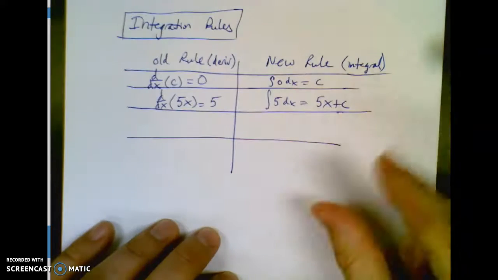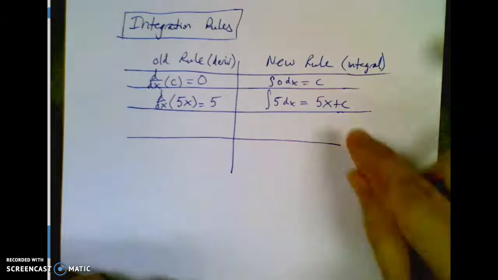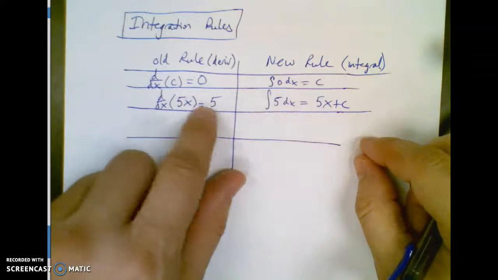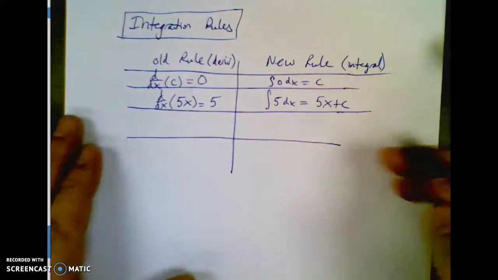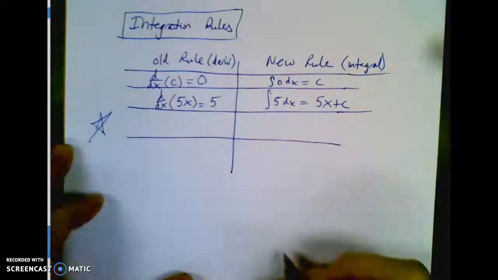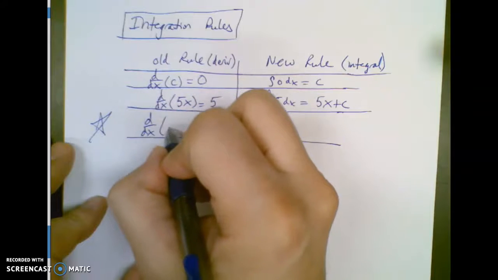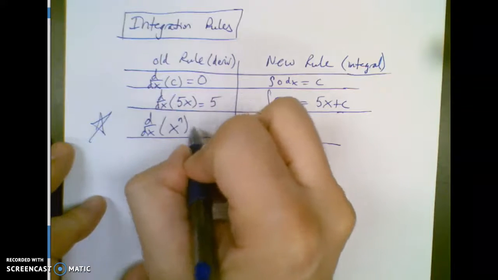Because remember that whole shifting up and down doesn't change the slope? You never know. If I took the derivative of that, I would get 5. If I took the derivative of that, I get 5. So, and here's the really important one. Remember our rule. The rule we use more than any other rule is called the power rule.